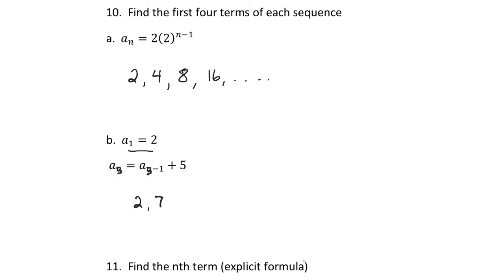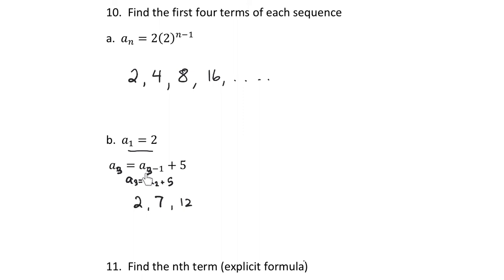So what this is saying is that the third term, a sub 3, is equal to, this turns into a 2, remember, so that's a sub 2, which is the second term, plus 5. So any term is equal to the term before it, plus 5. So you're always just adding plus 5 to get to the next term. So 5 added to 7 is 12.